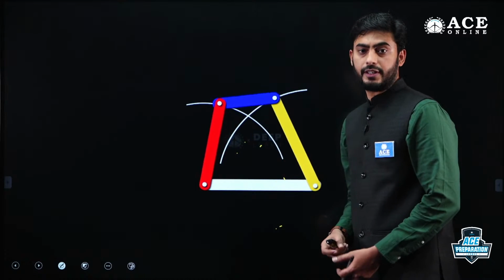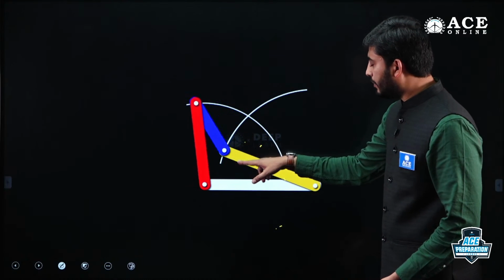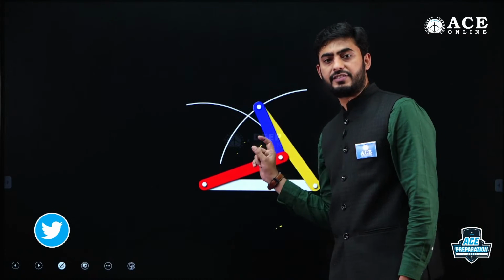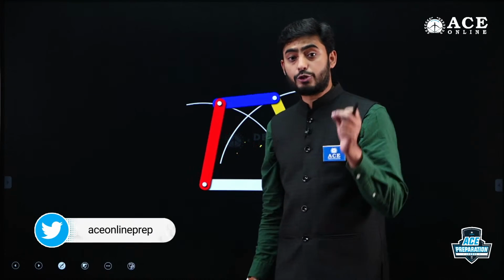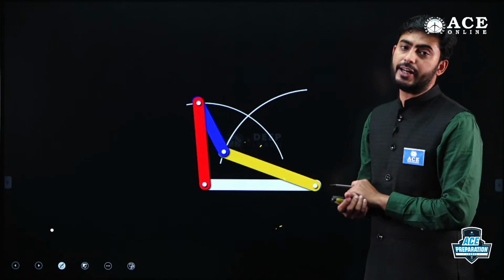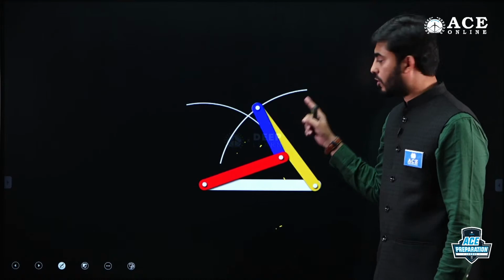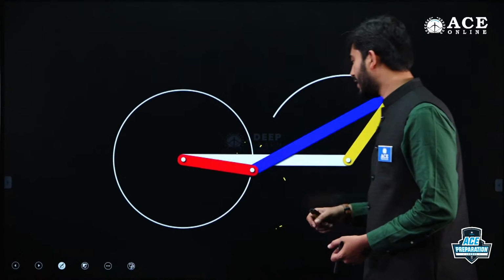Next one is the double rocker mechanism. In the double rocker mechanism, you will see the blue color link undergoing 360-degree rotation. In Grashof's law, at least one link should undergo complete rotation. One time there was a question asked on the same observation also. So this is the double rocker mechanism.